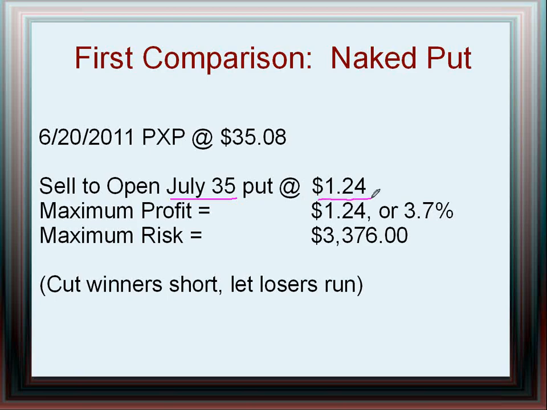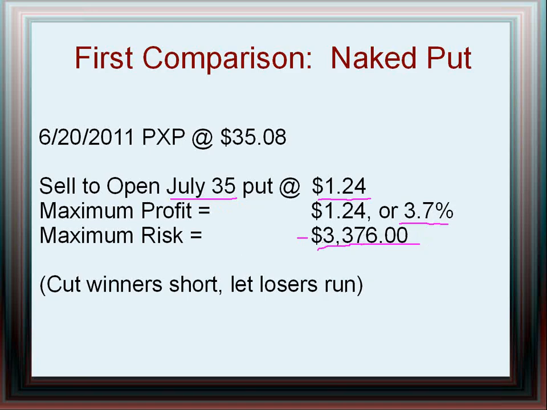So we could sell a 35 put at $1.24. Max profit of 3.7%. Okay, and if we sold one put option, we may be obligated to buy shares of stock at 35. So if it's a cash secured put, I'm going to have $3,500 on hold in my account. If the stock drops to zero, I keep that $1.24, but I lose the 35. So our maximum risk is $3,376 for one contract.